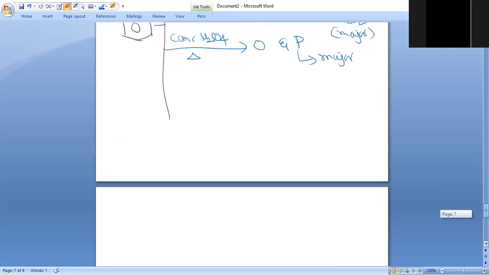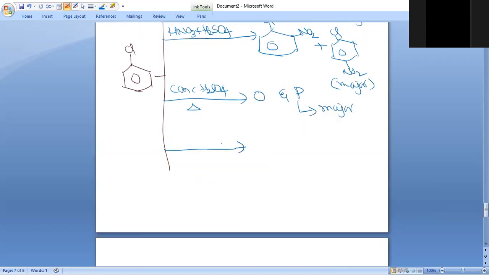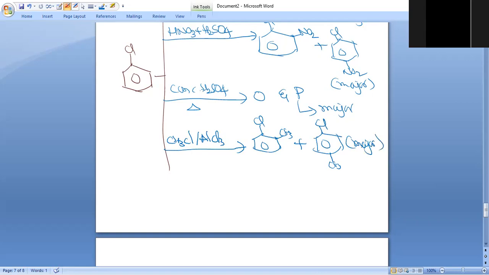Clear? So if I do alkylation, CH3Cl with AlCl3, Friedel-Crafts alkylation, I'll get the same thing again. The methyl group in the ortho position and the methyl group in the para position. The para is the major.